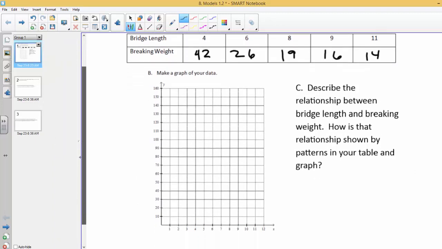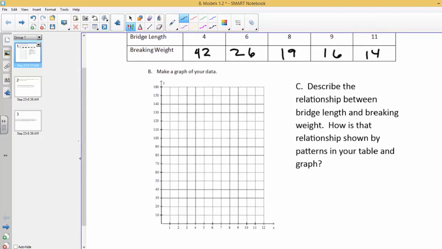All right, so we're going to make a graph. So we're going to put length and weight, and the title is going to be Bridge Break. And I think yesterday I was saying length, and the whole last lesson should have all been thickness.